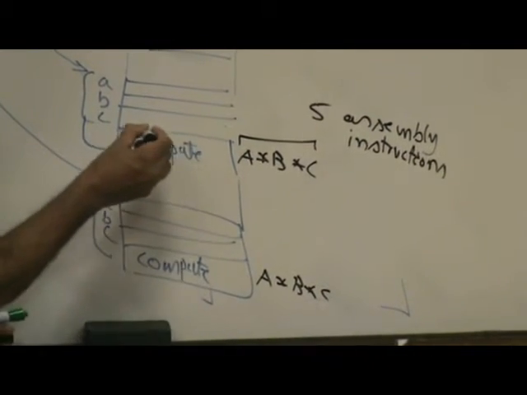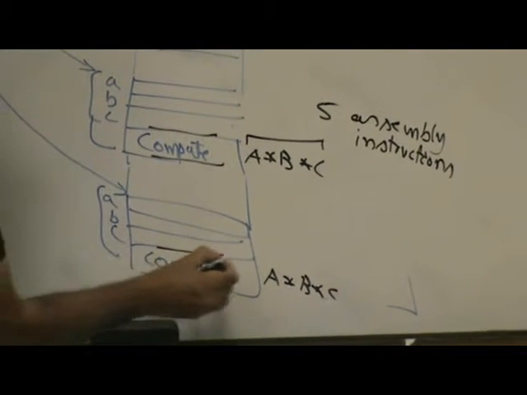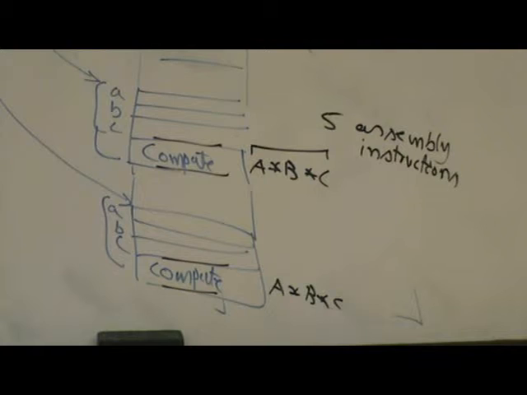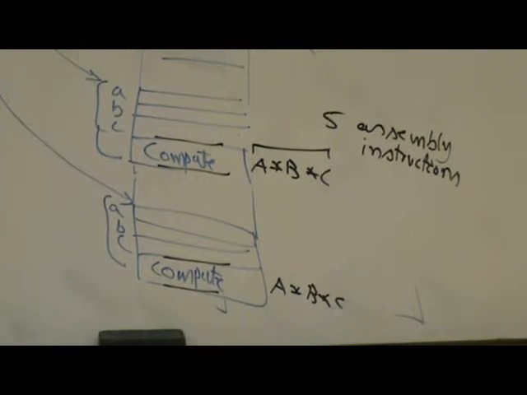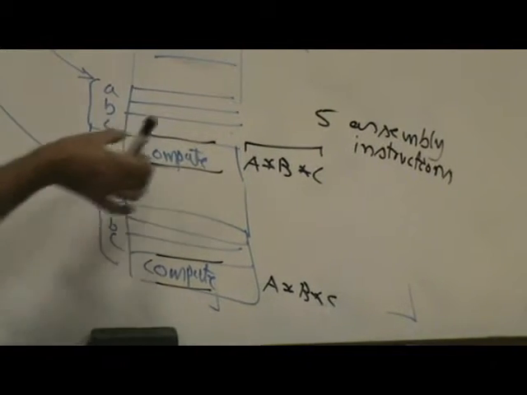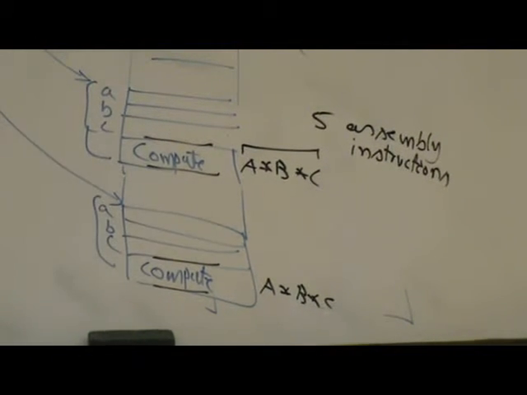So what's the difference between these 5 assembly language instructions and these 5 assembly language instructions? Aren't they 100% the same? So we'll be wasting memory if we keep storing with every object the code for the method also.